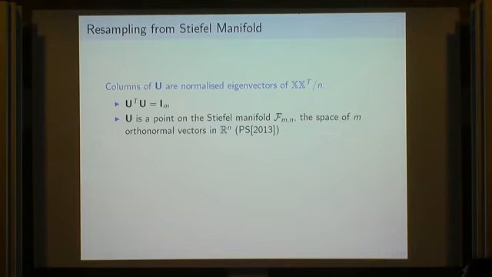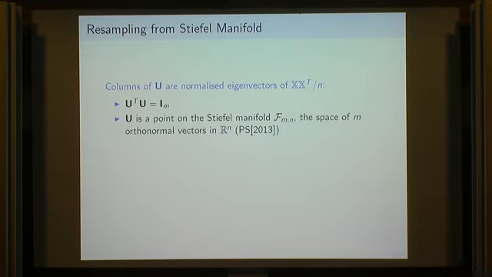So what we do here: the columns of U are normalized eigenvectors of X transpose X by N. That is why I used the centered version at the beginning. Now this quantity is the sample covariance matrix.